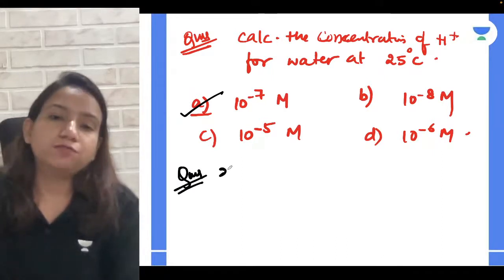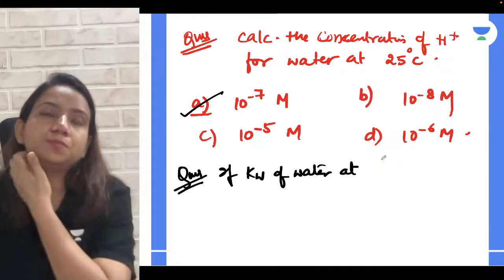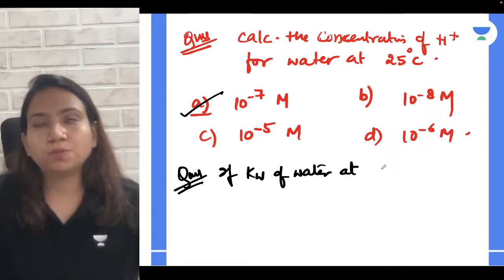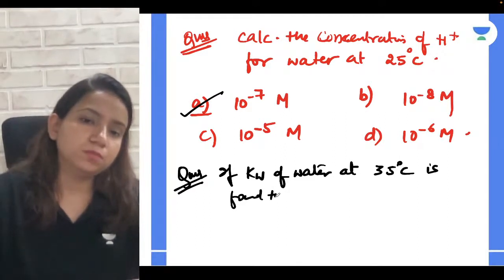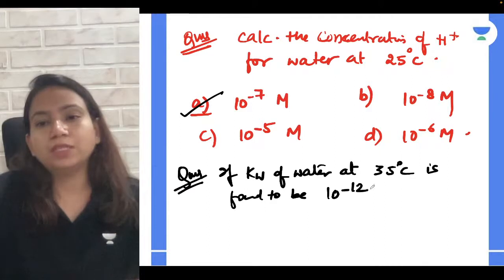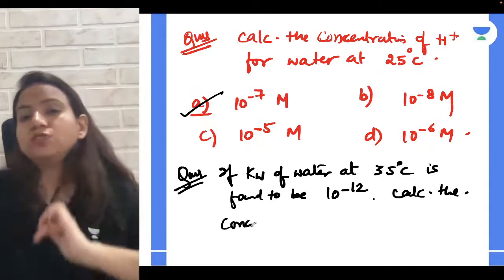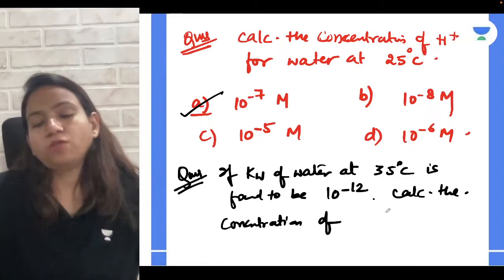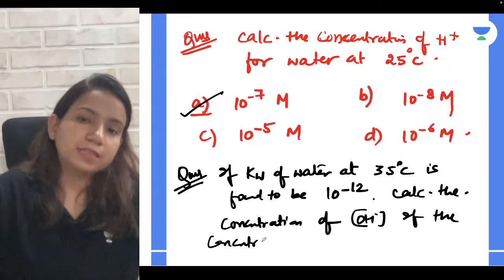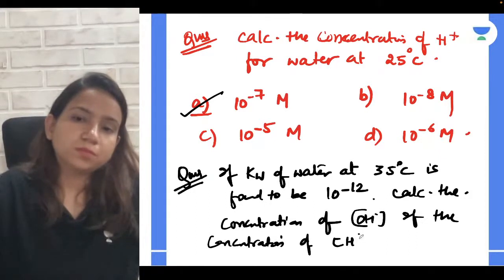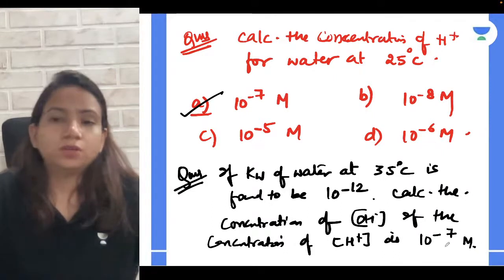But if the Kw of water at 35 degrees Celsius is found to be 10 to the power minus 12, calculate the concentration of OH minus ion if the concentration of H plus ion is 10 to the power minus 7 molar.